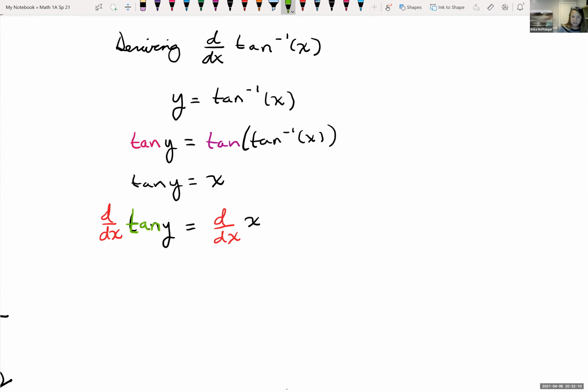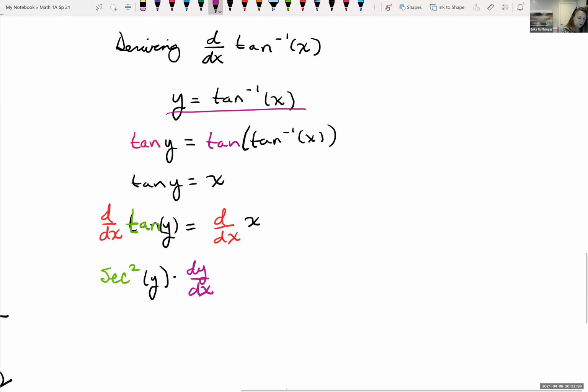So the derivative of tangent, recall, was secant squared. So sec squared of the inner piece, y, times the derivative of the inner. The derivative of y is 1, but in terms of the chain rule, y is a function of x. So we have to write dy/dx is equal to the derivative of x, which is just 1.